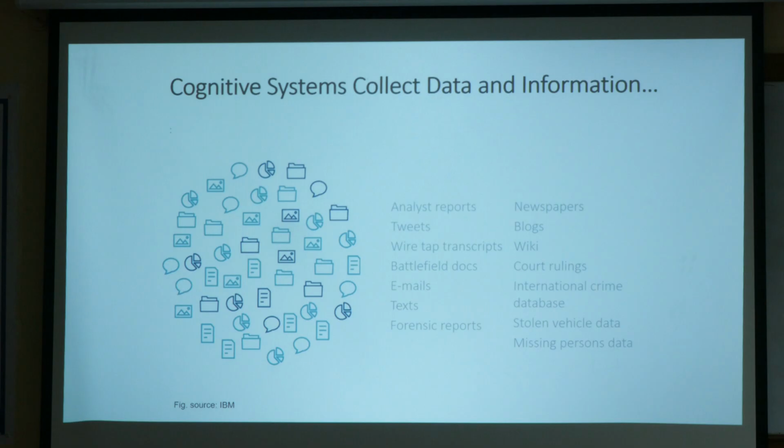Almost all cognitive systems collect data and information. Here are some example areas: newspapers, wikis, blogs, emails, text, forensic reports, transcripts, and many things.